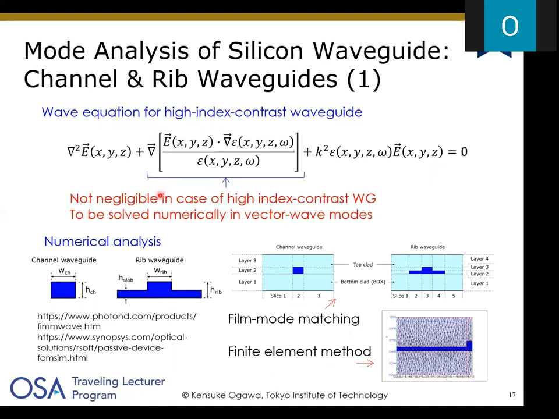Usually, if you assume low index contrast waveguides such as silica optical fibers, this term is neglected. The conventional wave equation just contains the first term and the third term only. But for high index contrast waveguides such as silicon waveguides or Si3N4-based waveguides, this part is not negligible.